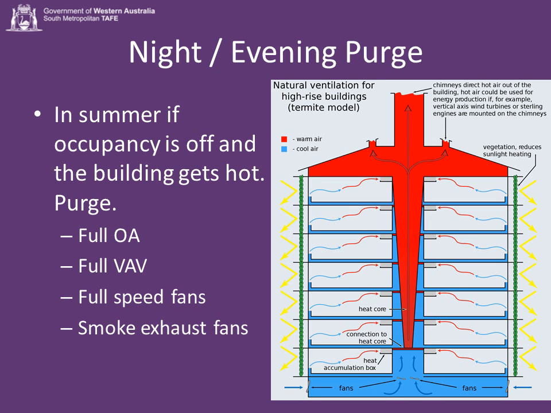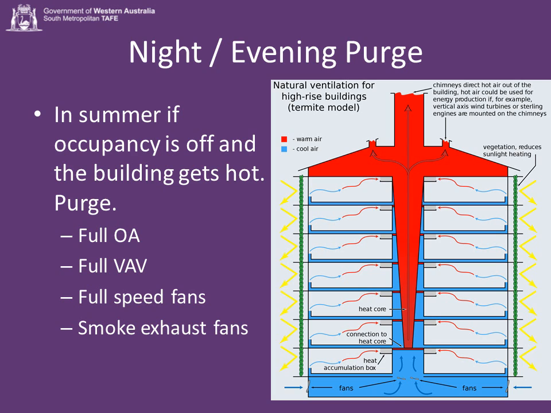A system which is becoming increasingly popular is evening and night purge. If we're unable to use outside air during the day because it's just too hot or too humid, then we can use what's called night and evening purge.